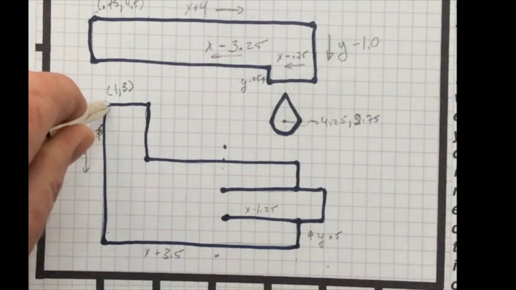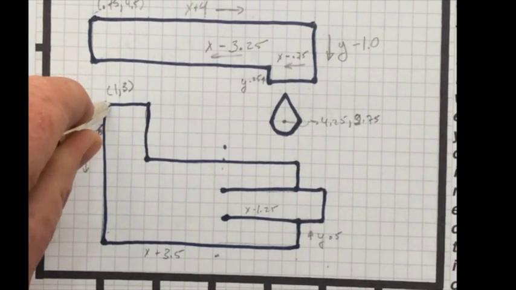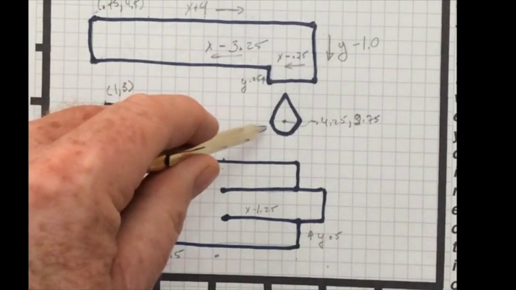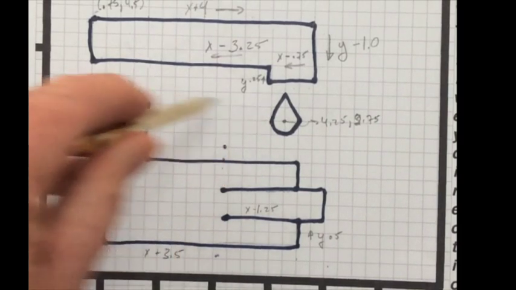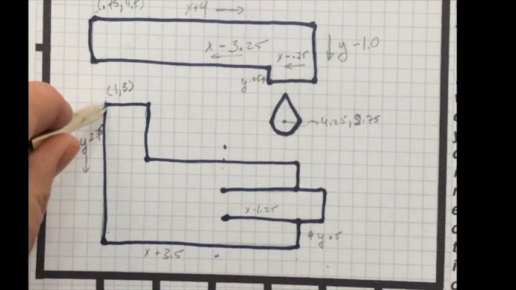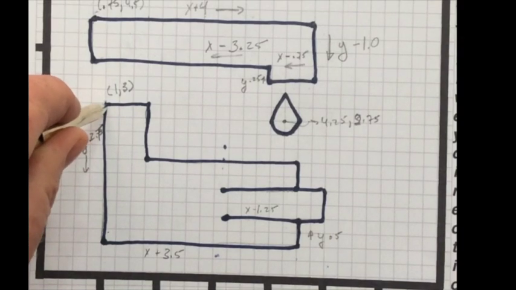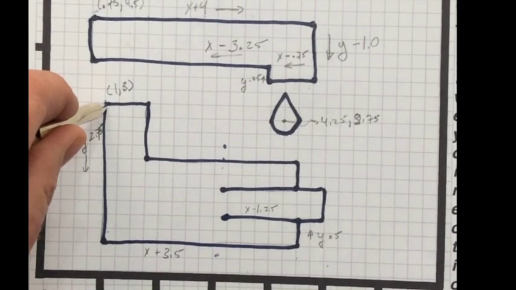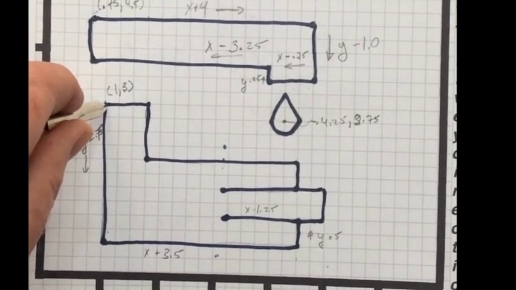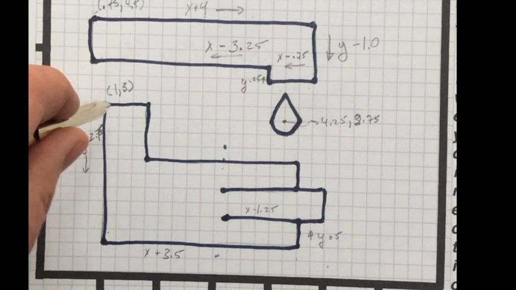Okay, so to cut the last part, which is the water droplet, we want to get to this point right here from here. So we need to know what our x value is. First, of course, we need to lift up the z in 1.05.